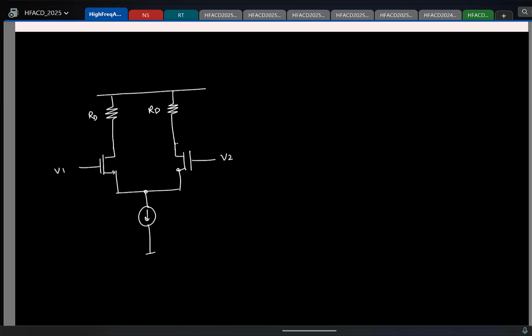Anytime you have a symmetric circuit and you are given two different inputs, how do you analyze it? What is a simpler way to analyze? Yeah, you have two different inputs, so what do you do to the two inputs? You decompose them into a common mode and a differential mode part. So let's say it's the differential mode part, VID by 2 and minus VID by 2. In this case, how will the circuit simplify?